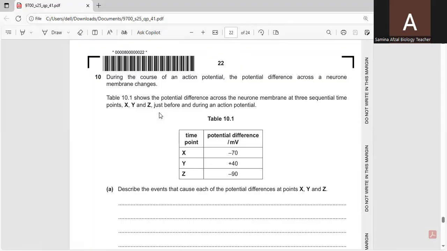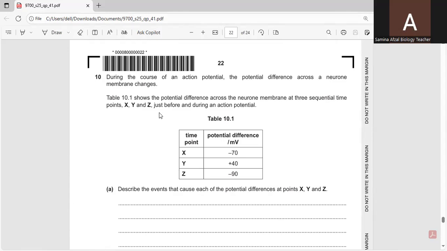During the course of an action potential, the potential difference across a neuron membrane changes. Table 10.1 shows the potential difference across the neuron membrane at three sequential time points X, Y, and Z just before and during an action potential.